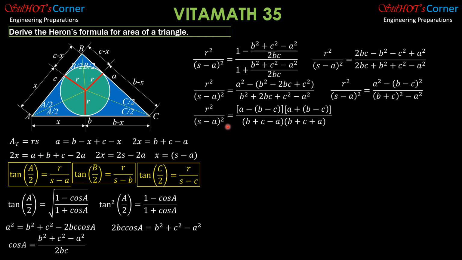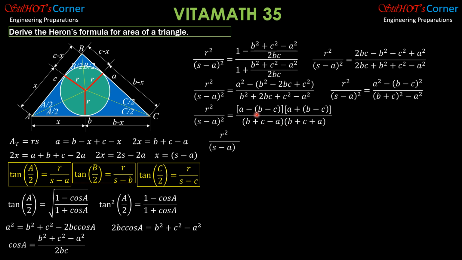So that's the way of factoring difference of two squares. So expanding inside, we just rearrange this into a plus b plus c, and this one we write as a plus b plus c minus 2a.